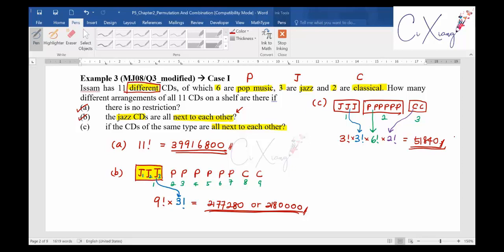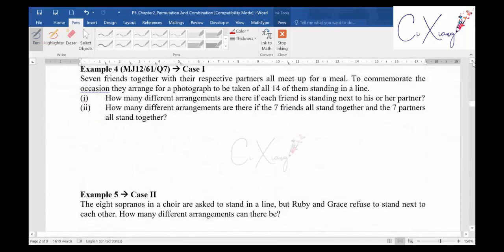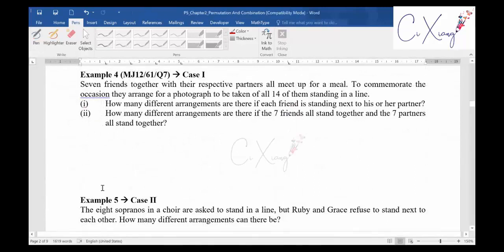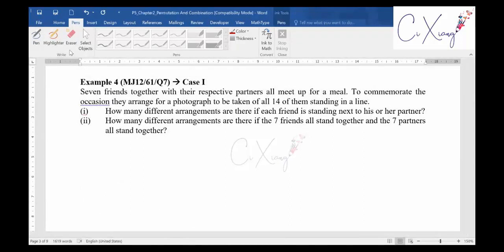All right, so if no problem, you can continue further. Let's have a look at example 4. It is still case number 1, that means something needs to be next to each other. Okay, so let us start. You have 7 friends with their respective partners all meeting up for a meal.